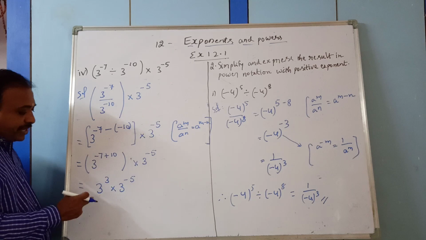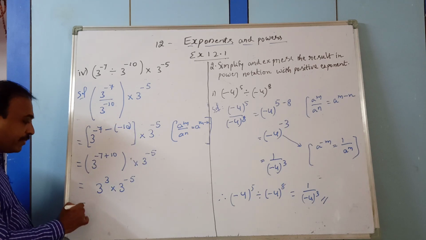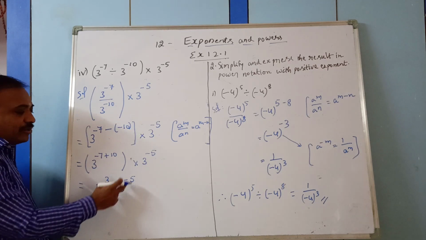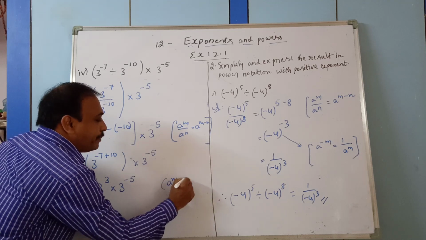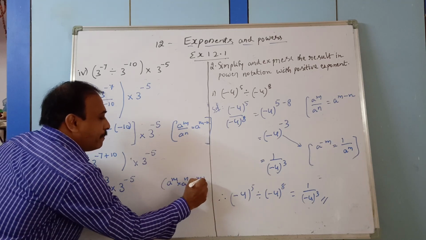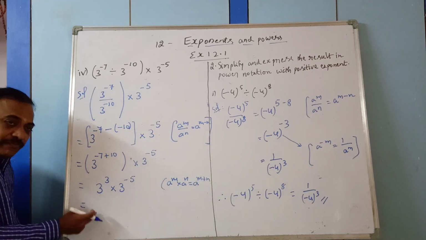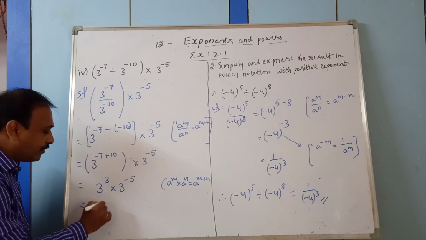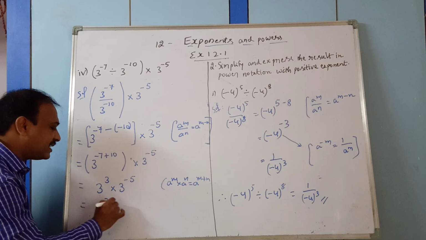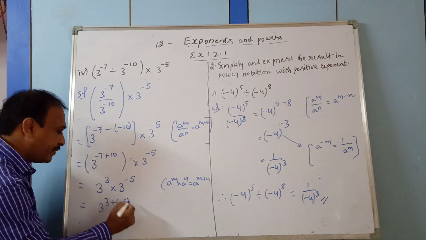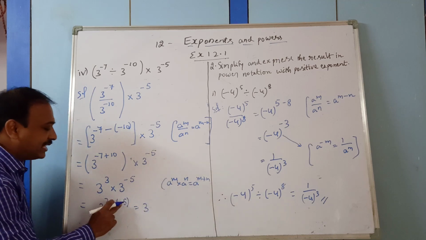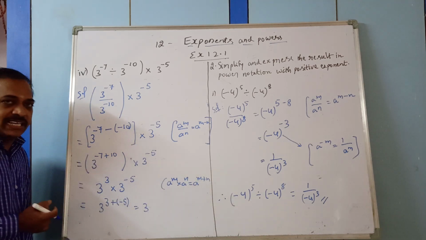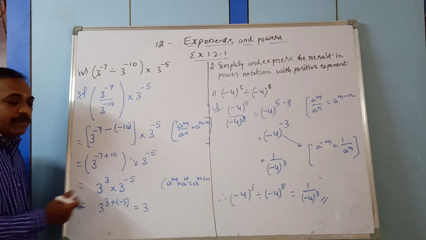Now you see which identity can be used here: a power m into a to the power n is a to the power m plus n. That identity we are using for the next step. 3 to the power 3 plus of minus 5, which can be written as 3 to the power 3 plus minus 5.